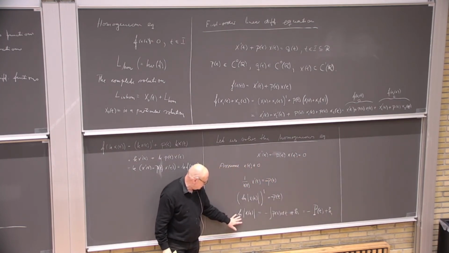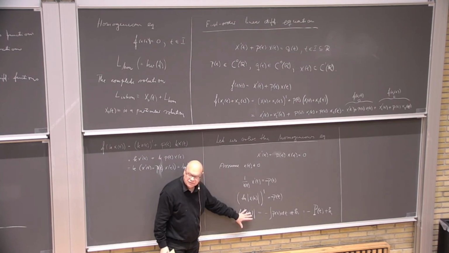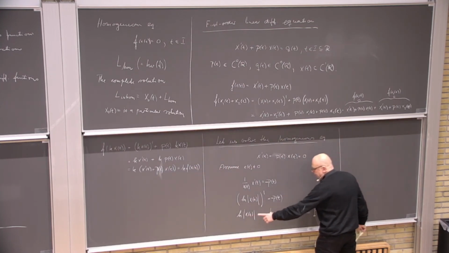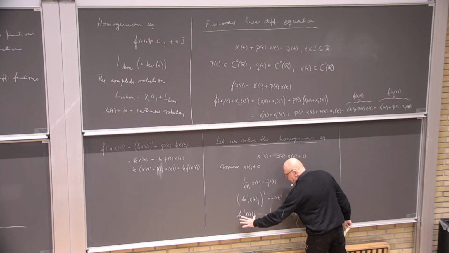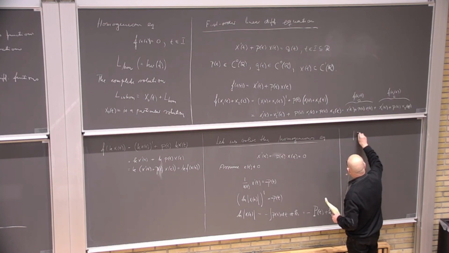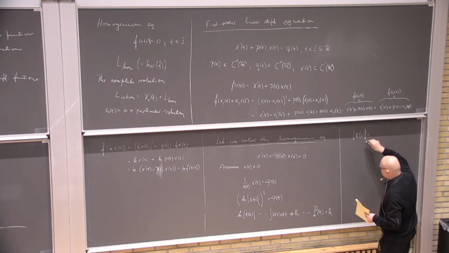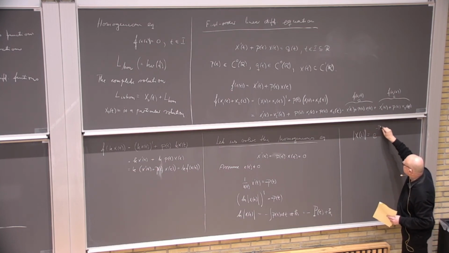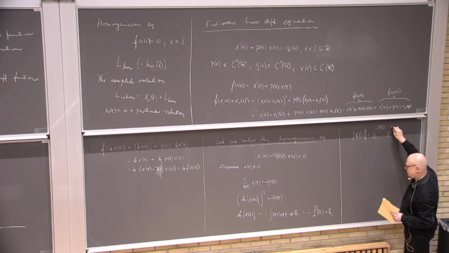But it's not the natural logarithm of x that we want, it's x itself. So now we can apply the natural exponential function on both sides, and I get that the numerical value of x of t is equal to e to the minus capital P of t, times e to k1.